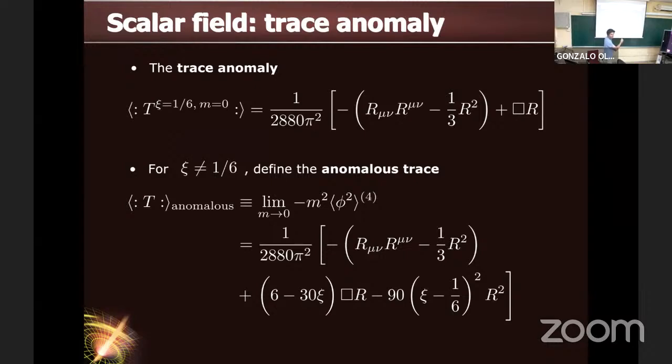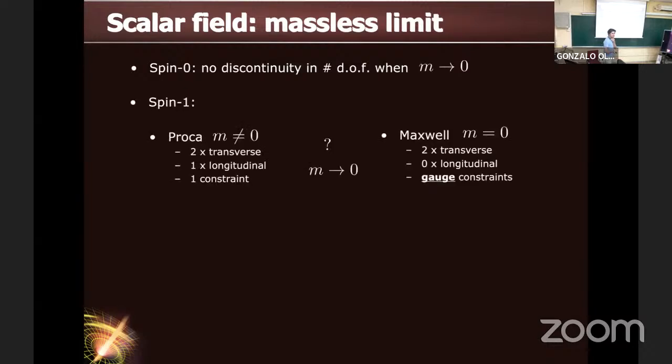So it's produced by the same mechanism as before. The only thing is that this quantity is independent of the mass really, so the massless limit doesn't affect it. So that's why you get it. So you have a very similar expression.